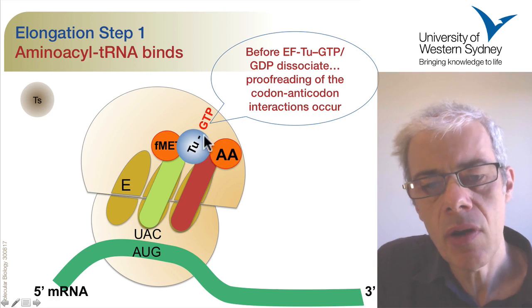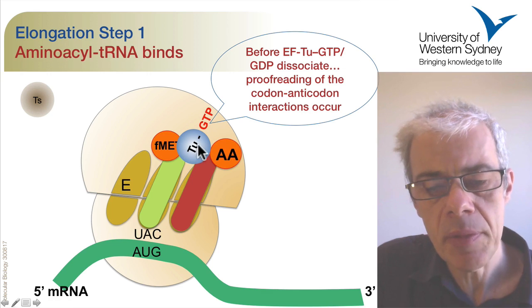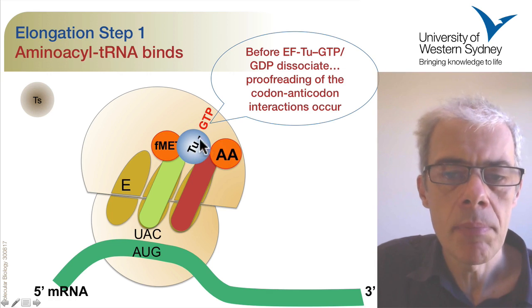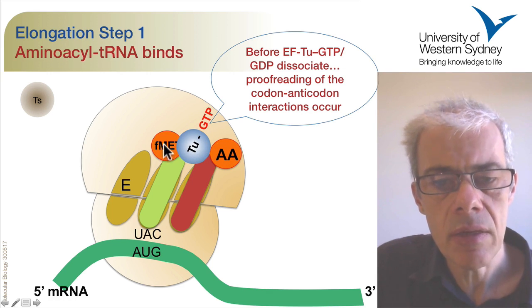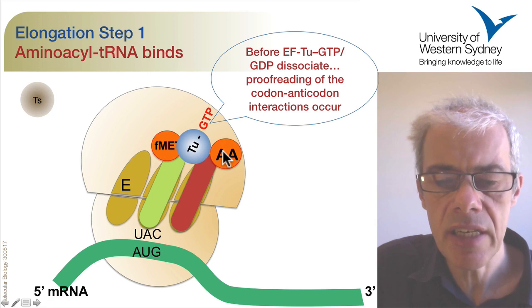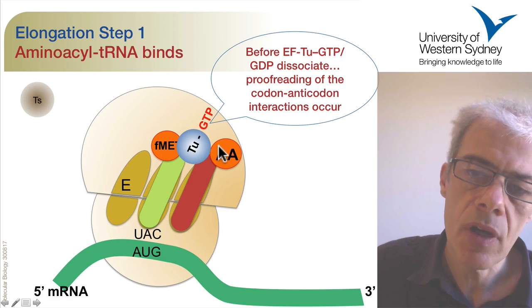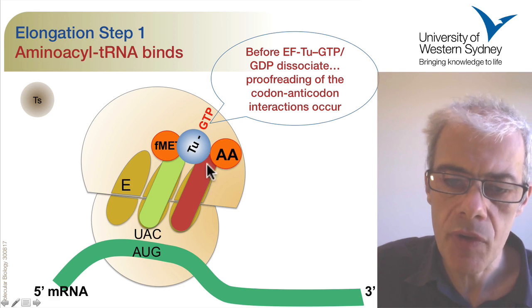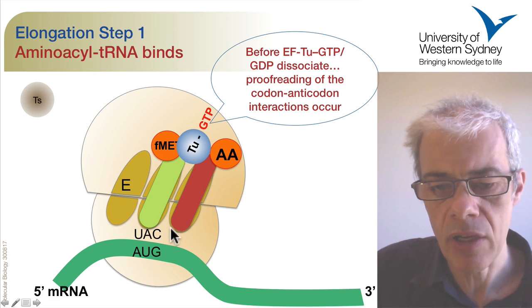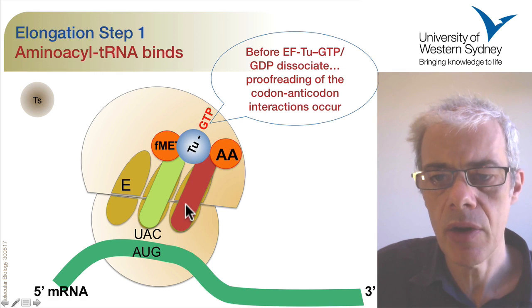So the function of this EF-Tu-GTP is to pause so that the peptide bond formation isn't instant. During this slight pause, it allows proofreading to make sure that the right codon is matched to the anticodon here.